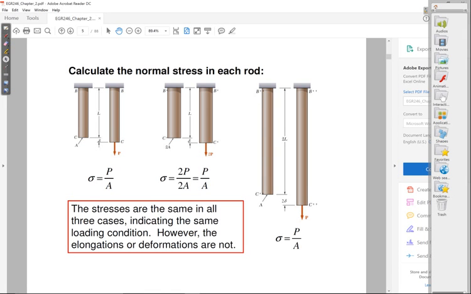And finally, in the third column, it's the same force P and the same area A, so stress is still P over A. So I have the same stresses in all 3 cases. However, we had said that the elongations or the deformation is not the same in all 3 cases. It was delta in the first case, delta in the second case, but 2 delta in the third case.